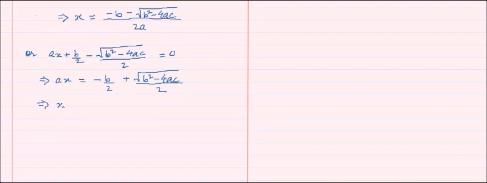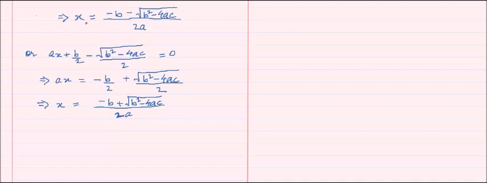So we have x equal to, and both terms have the same denominator, so we can combine them. We have 2a in the denominator, and in the numerator we have minus b plus under root b square minus 4ac.